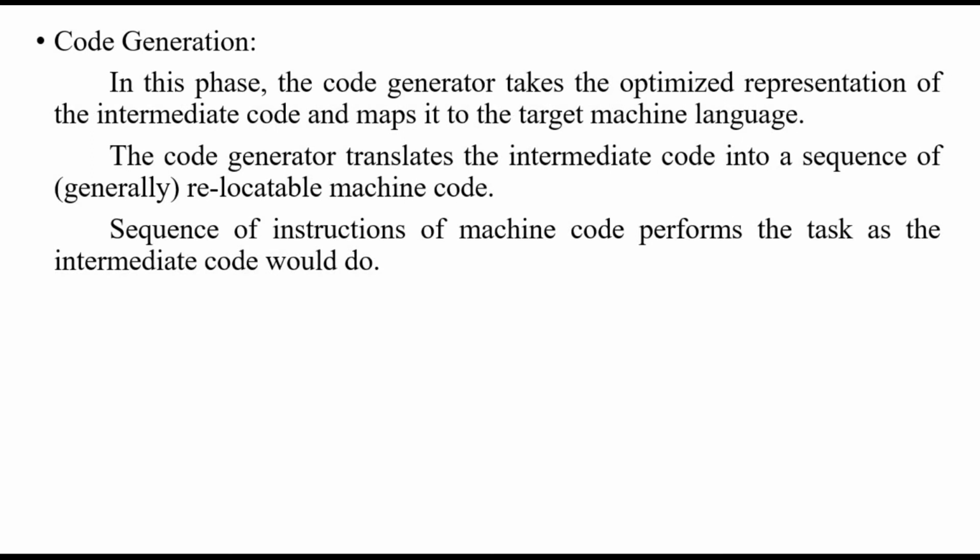In this phase, the code generator takes the optimized intermediate code and maps it to the target machine language. It translates the intermediate code into a sequence of relocatable machine code instructions that performs the same task as the intermediate code would do.